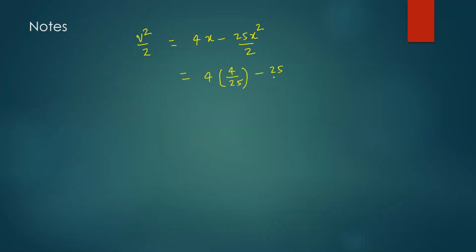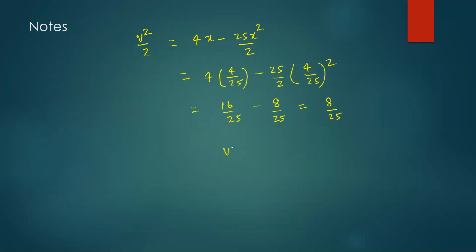Minus 25 by 2 into 4 by 25 square. So I think this will be 16 by 25 and minus 25. So what do we get here? 16 by 2. So 8 by 25. So we get 8 by 25.